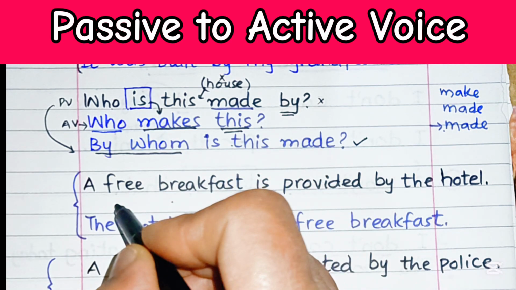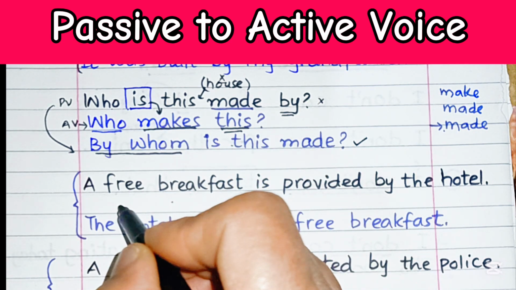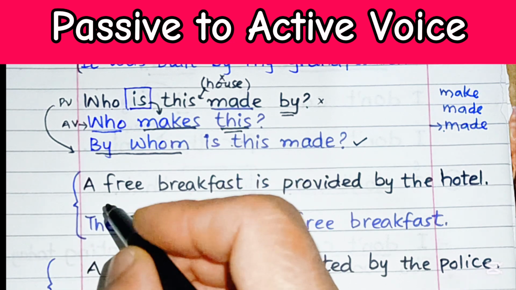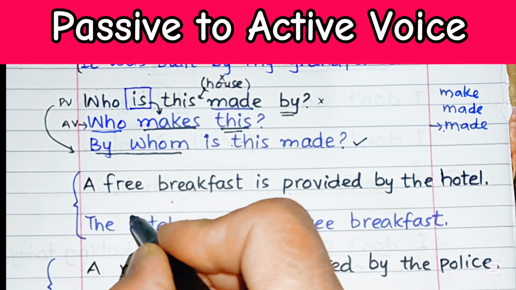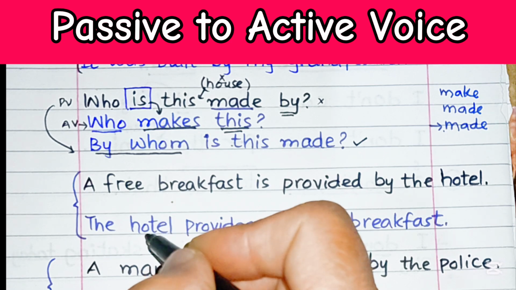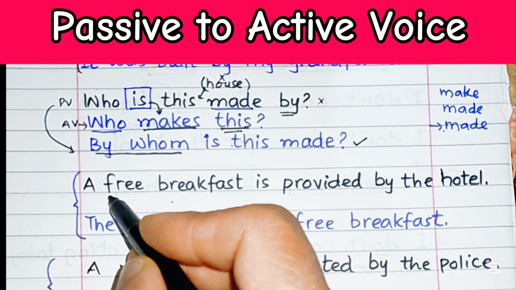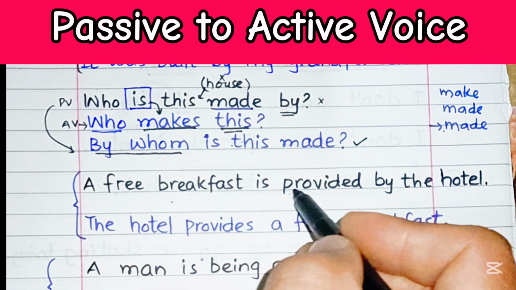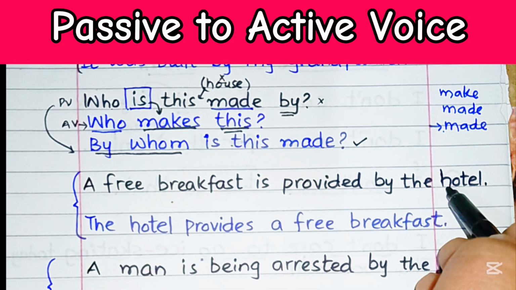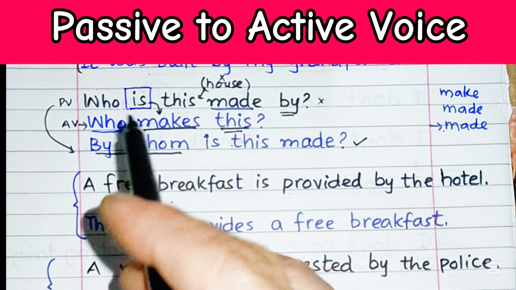In most instances, sentences and questions in the active voice are stronger than sentences and questions in the passive voice. For example, a free breakfast is provided by the hotel. The subject is breakfast.